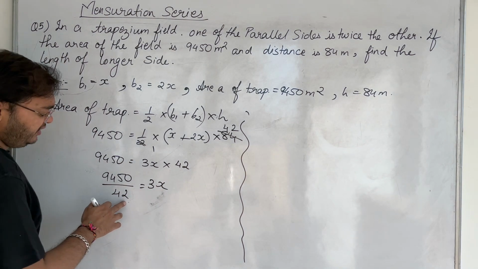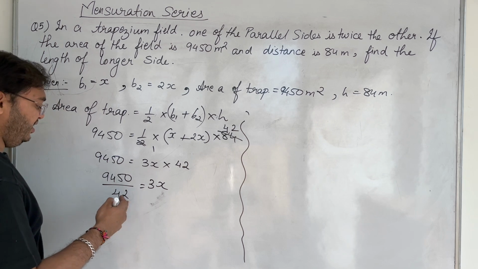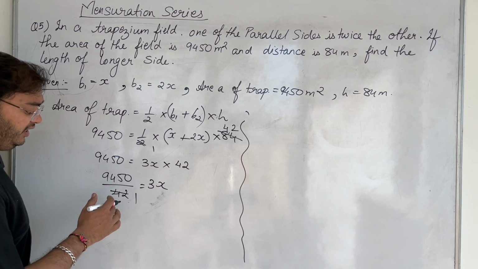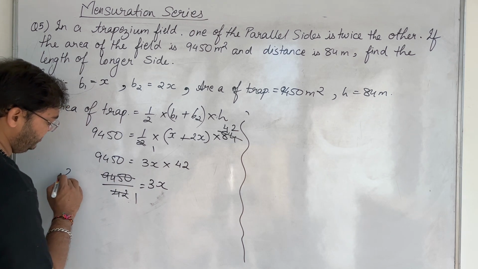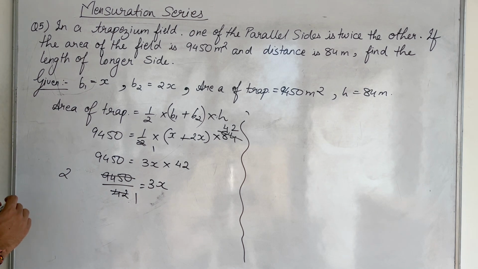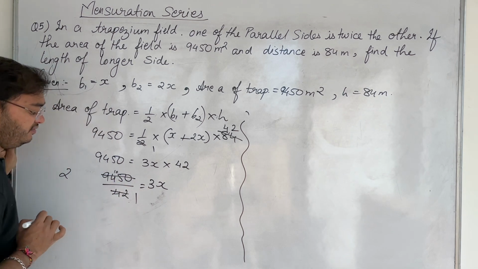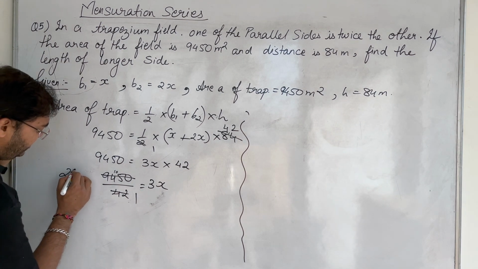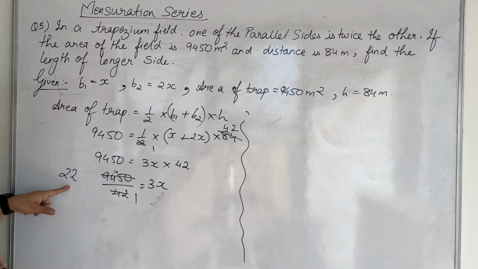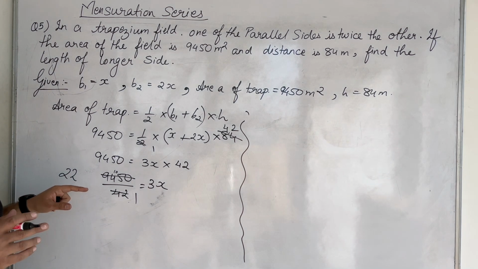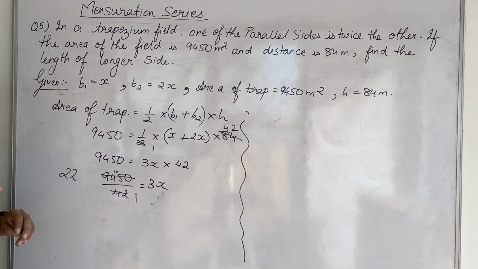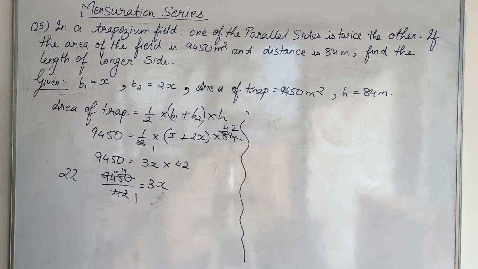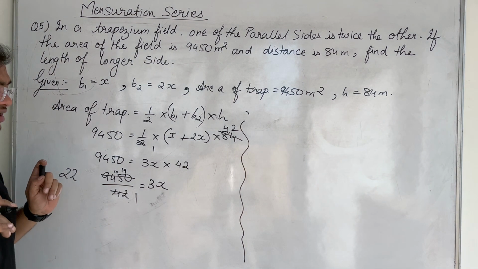Now let us check how we can divide 9450 by 42. 42 ones are 42, 42 twos are 84. 10 left, write it over here, 105. If I go with 3, it will be around 126, so it will be greater. So 2 only we will take, 84, and 105 minus 84, 21, plus 0, 210. 42 fives are 210.